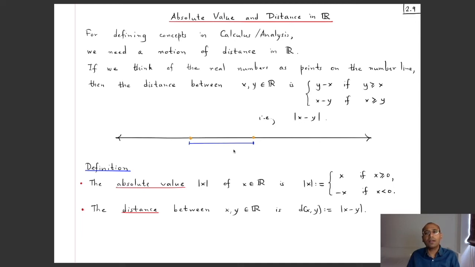So this is going to play a very important role in analysis, because in calculus we are familiar with notions such as differentiation and integration and so on. So for example, if you revisit how you define the derivative of a function at a point, what you look at is the limit of the difference quotients. Okay, and what does this limit mean?